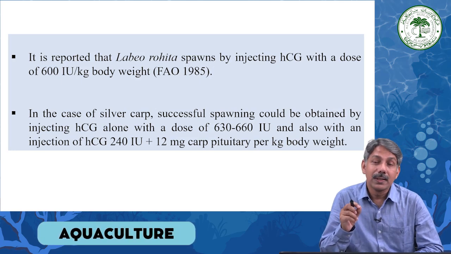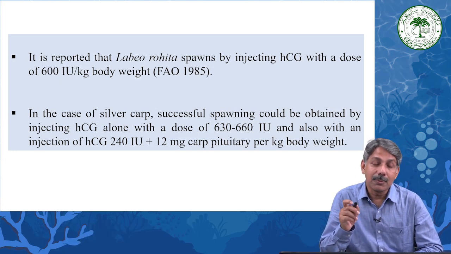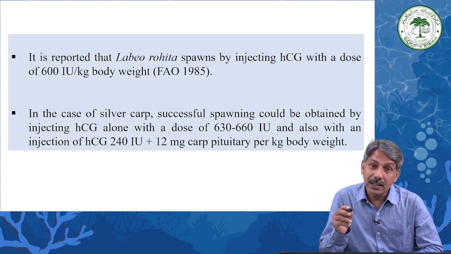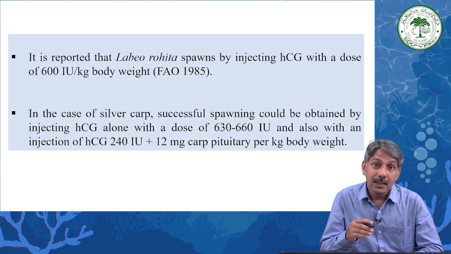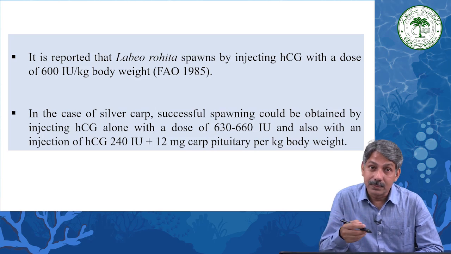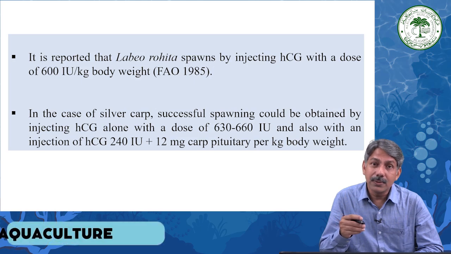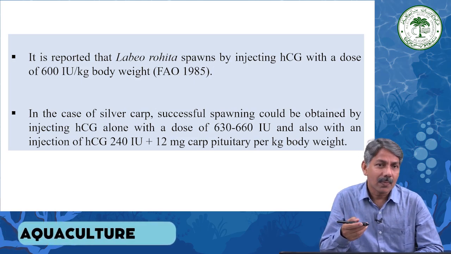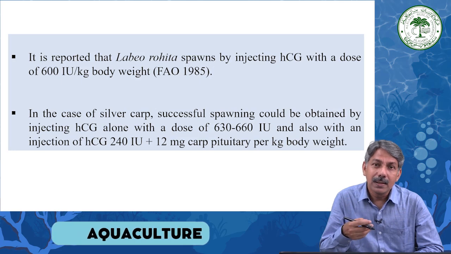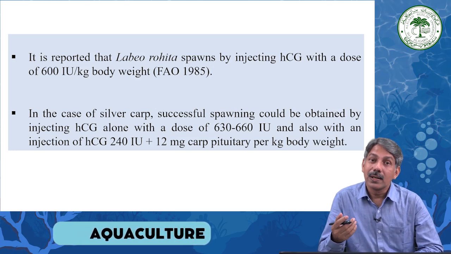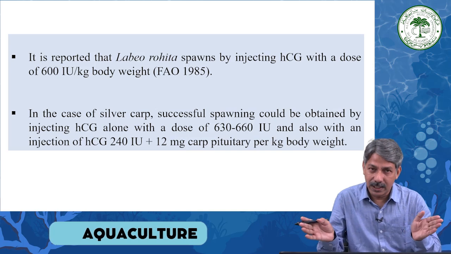What dose you have to select depends a lot on the physiological condition or stage of maturation shown by the fish you have selected for breeding, and the climatic conditions on that particular day. So if your fish is in running stage, showing release of gametes by a very gentle press of the belly, then you can go for lower doses of any of the inducing agent.